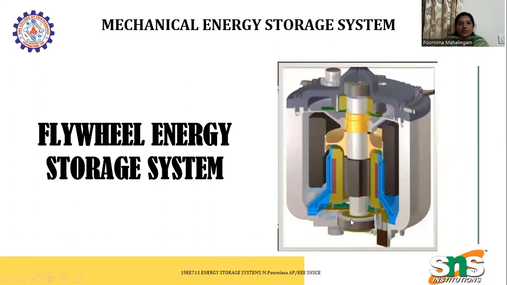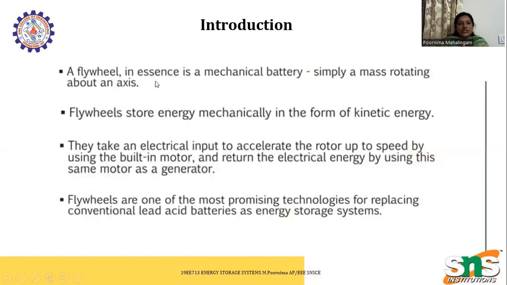Now, the flywheel energy storage is essentially a mechanical battery, simply a mass rotating about an axis. Flywheel storage stores energy mechanically in the form of kinetic energy. They take an electrical input to accelerate the rotor up to speed using built-in motors, and return the electric energy by using the same machine as a generator.